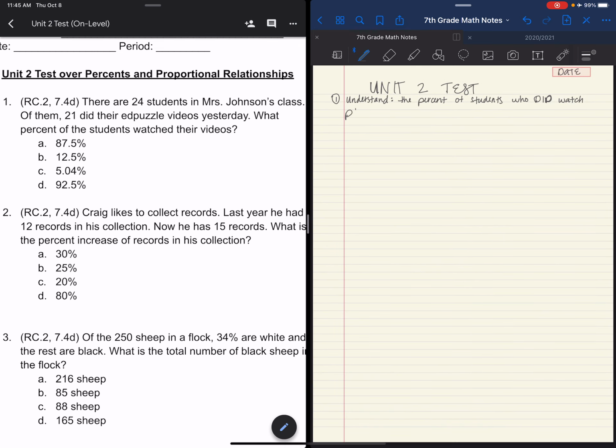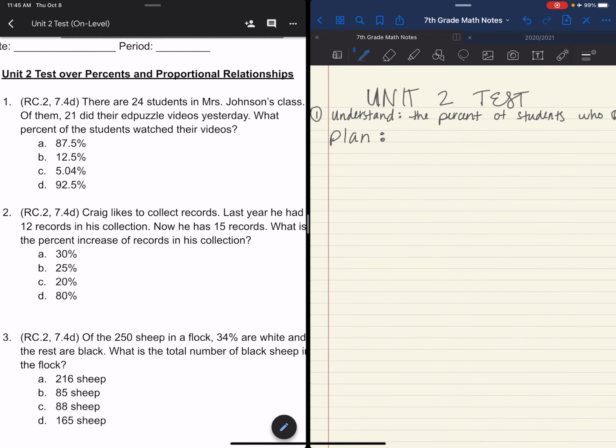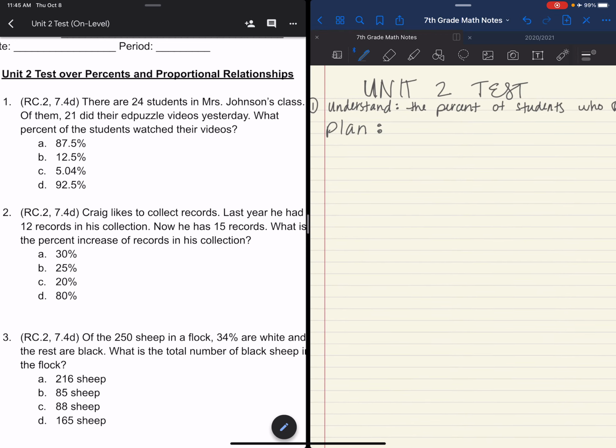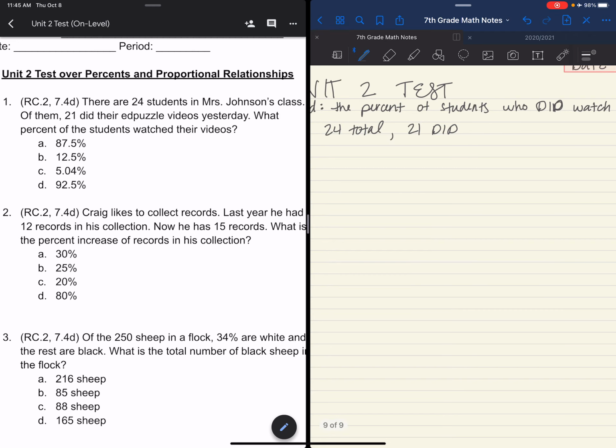P is for plan. This is where I'm going to pull out my information and a strategy. So I know that there are 24 students total. 21 did watch the Edpuzzle.